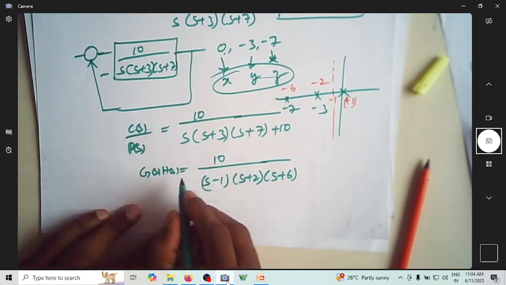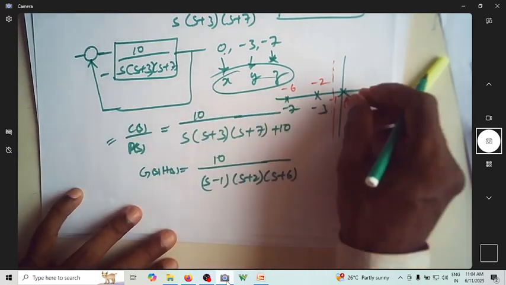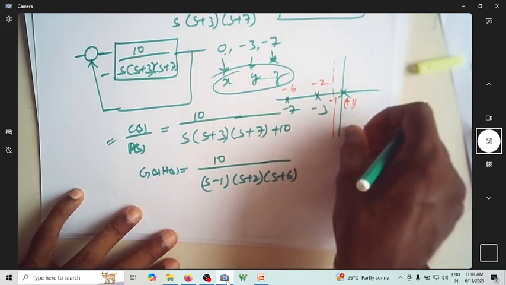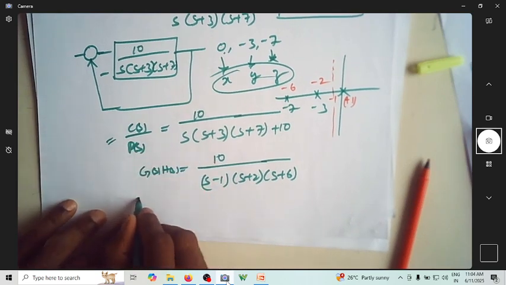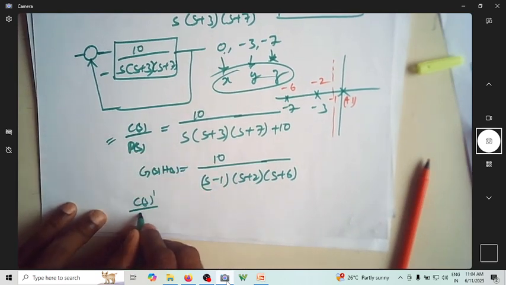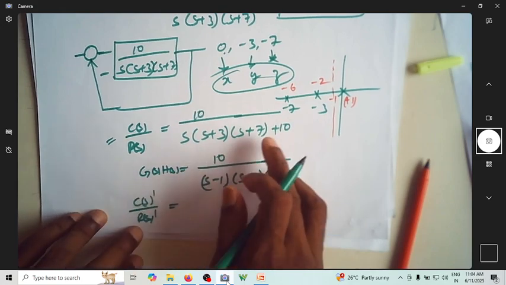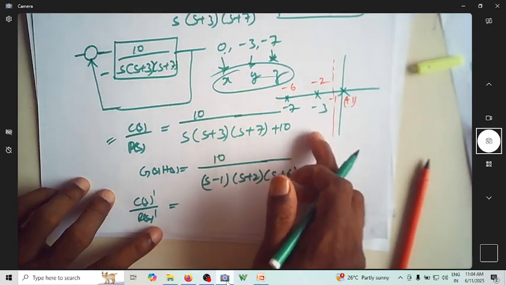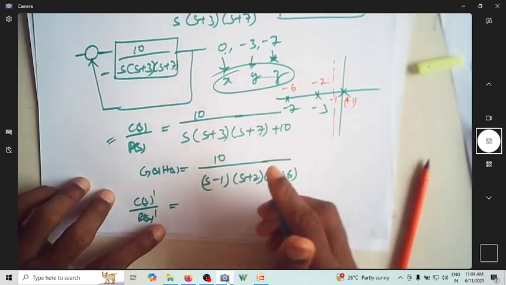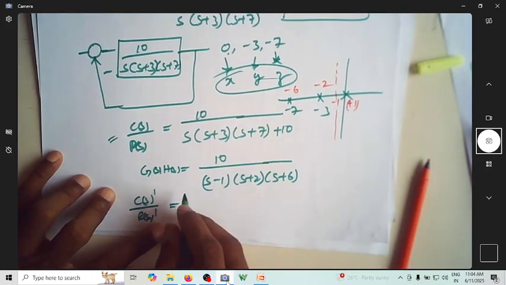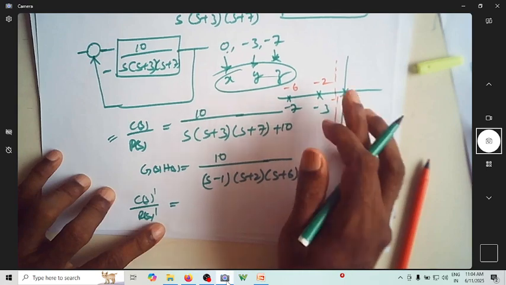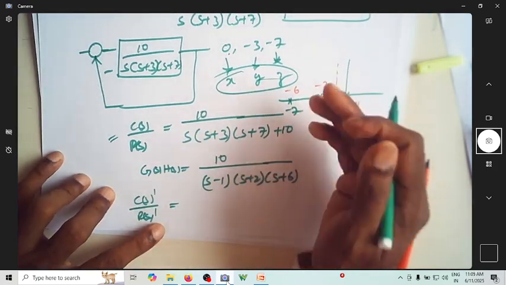Let me write this as C(s)' by R(s)'. This is for a shifted origin, the y-axis shifted by 1 towards the left hand side, to ensure whether the poles are more negative than minus 1 or not.